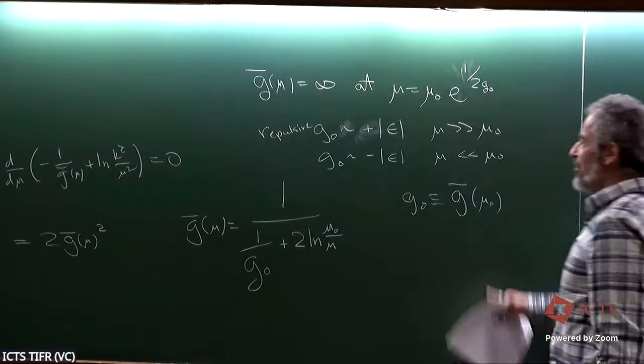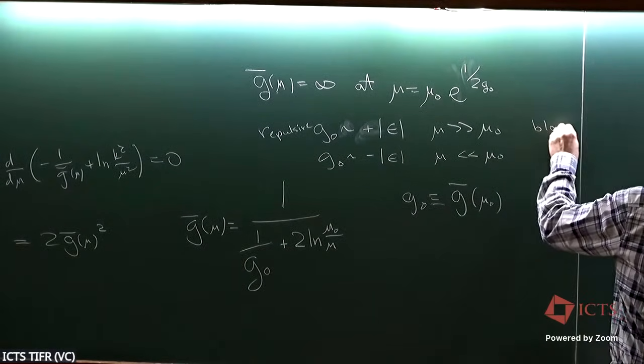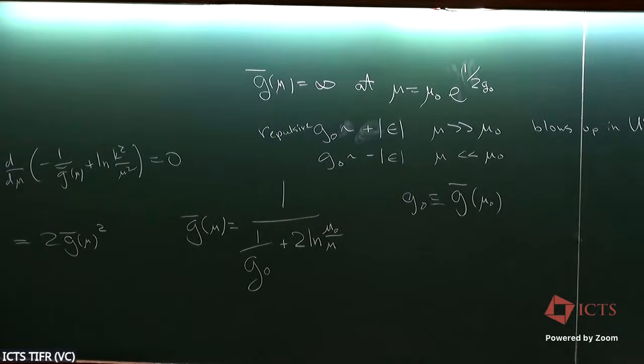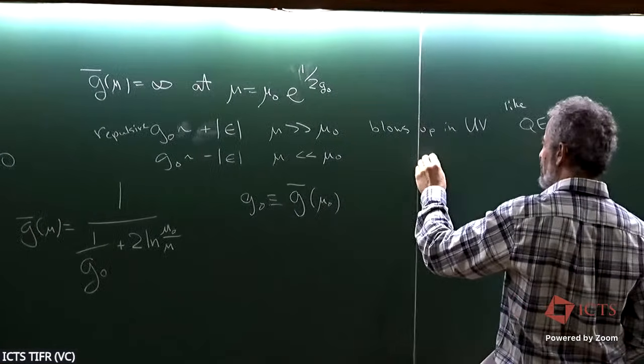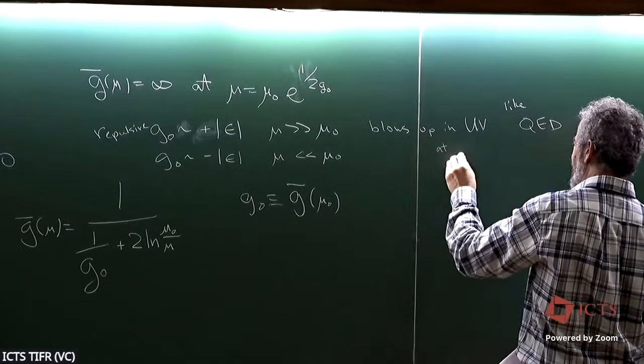It blows up in the UV. And we have a theory like that, which is called QED. This scale where it blows up is called the Landau pole.